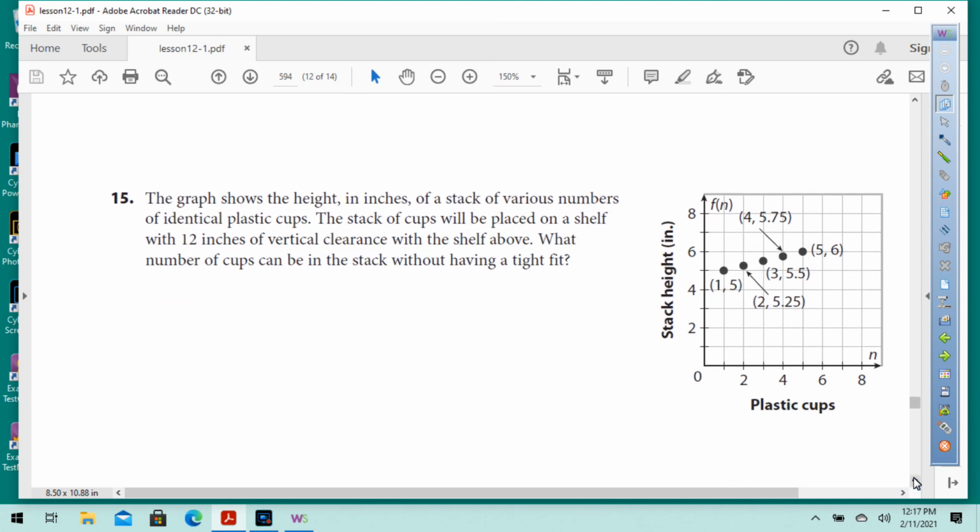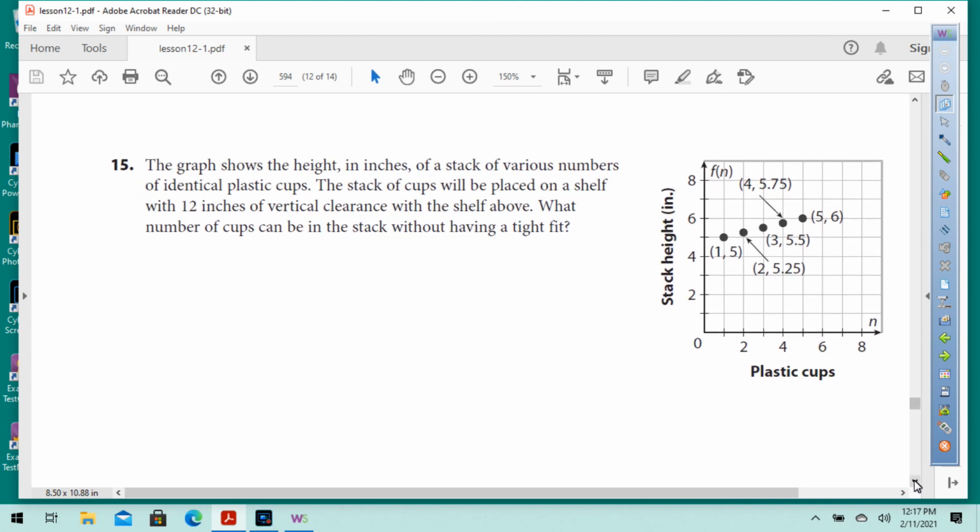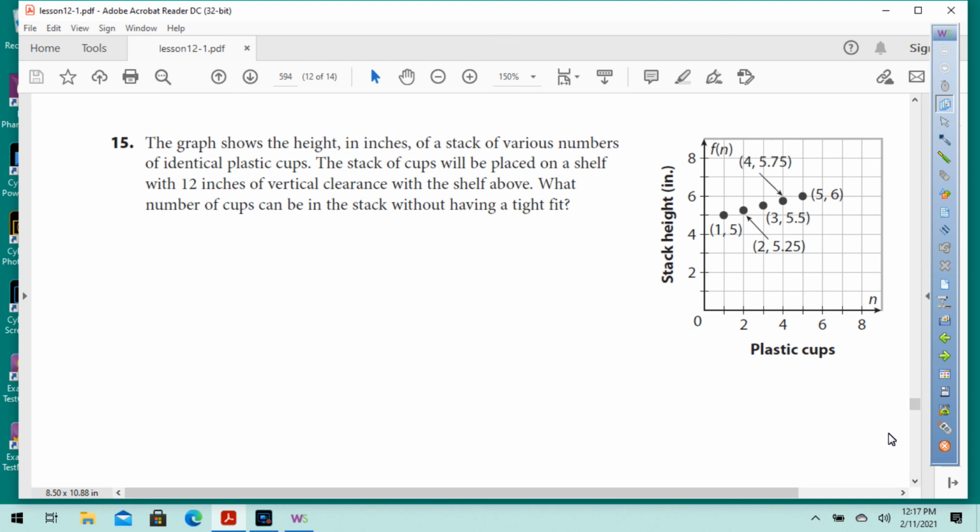15. The graph shows the height in inches of a stack of various numbers of identical plastic cups. The stack of cups will be placed on a shelf with 12 inches of vertical clearance with the shelf above. What number of cups can be in a stack having a tight fit?